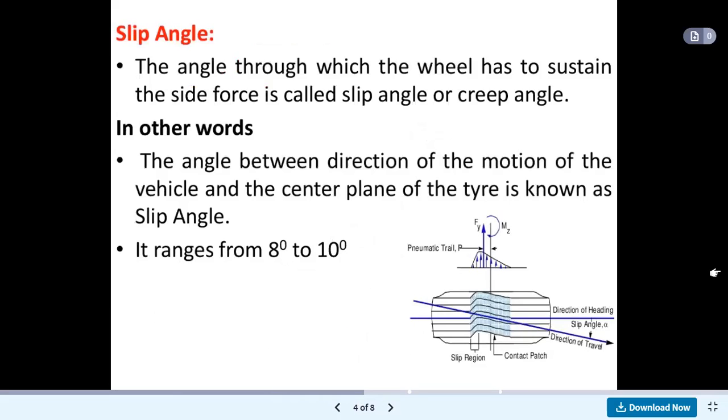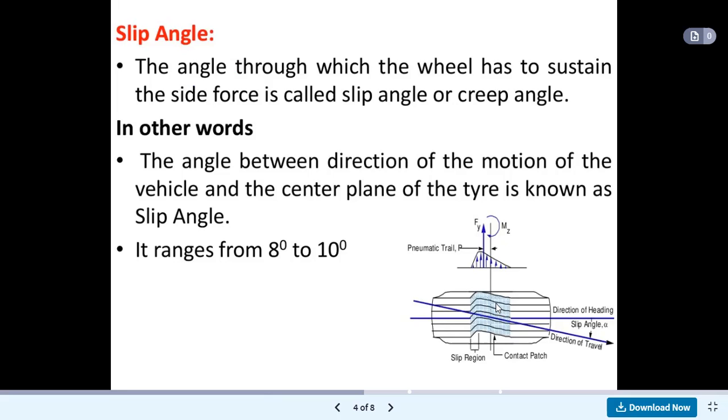If we see the slip angle in this diagram, this is actually a tire cross section, and this region is called the slip region, where the left side lines get bent in the inward direction, and here the contact patch is shown.